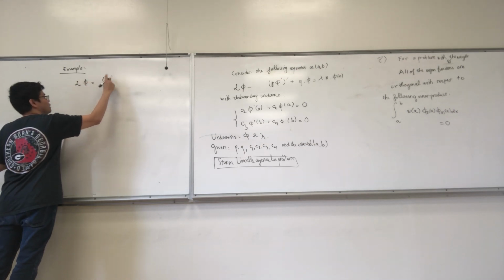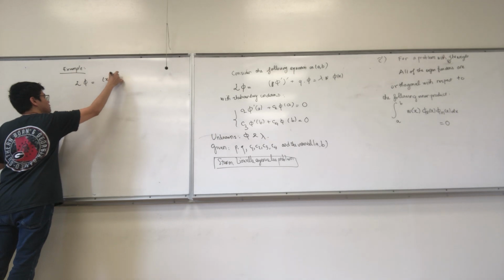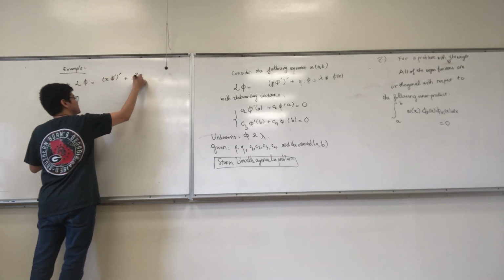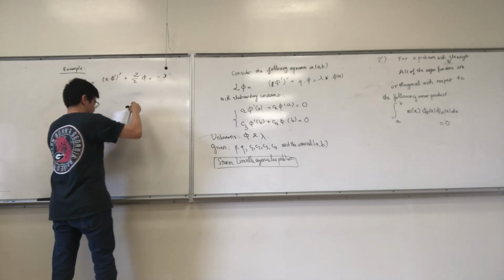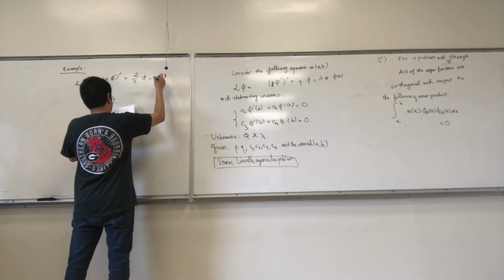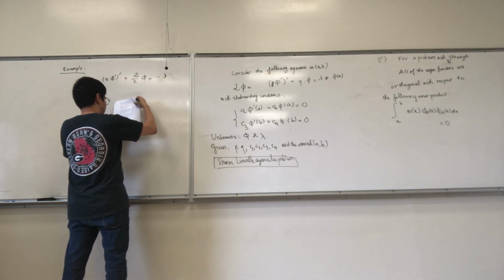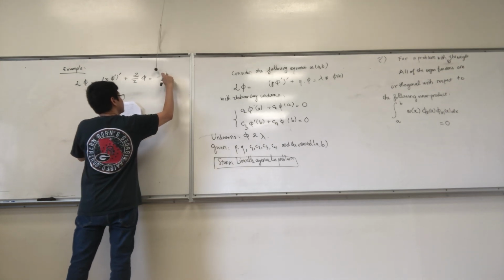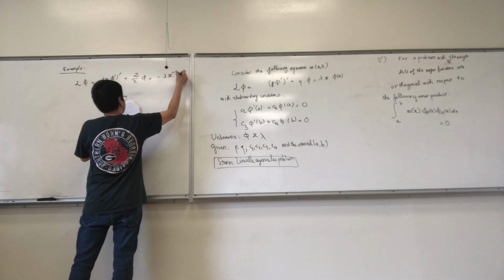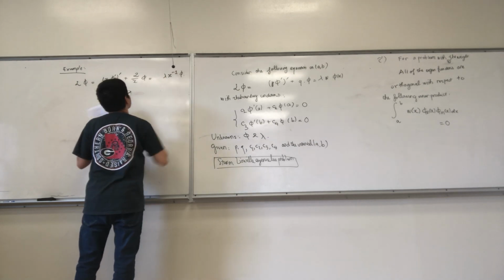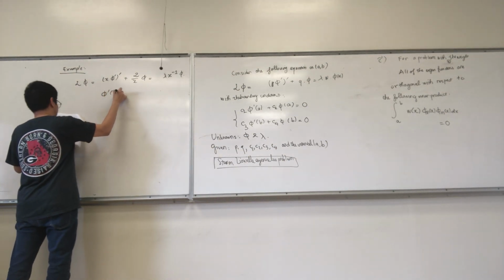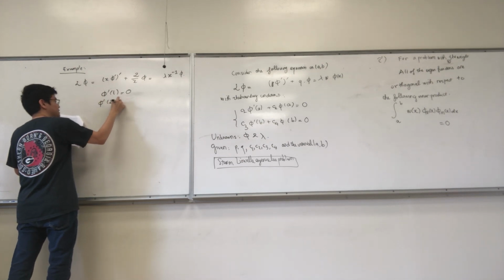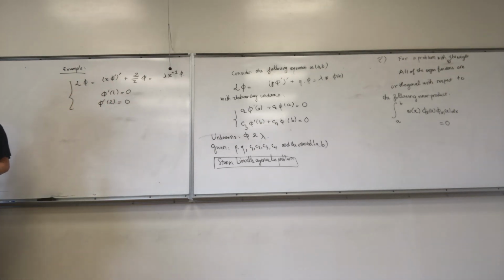You have x phi prime, prime, plus 2 over x of phi is minus lambda sigma of x phi, and then the boundary conditions will be phi prime at 1 is 0 and phi prime at 2 is going to be 0. Right. So now we have a pretty complicated eigenvalue problem.